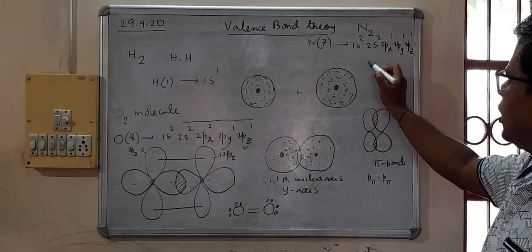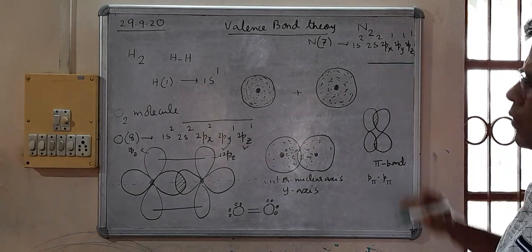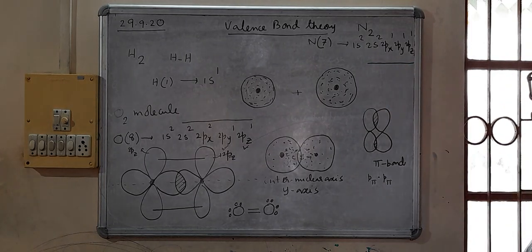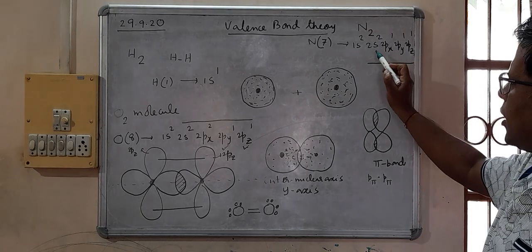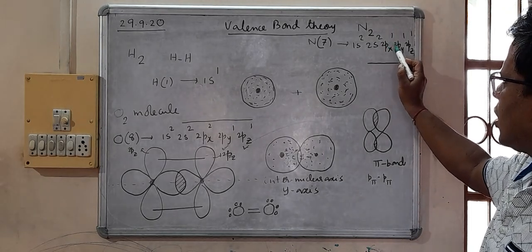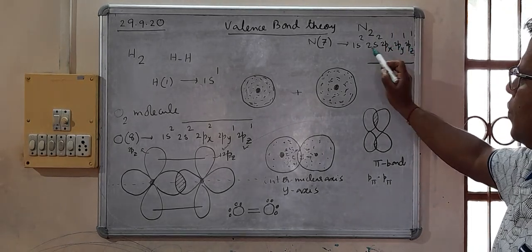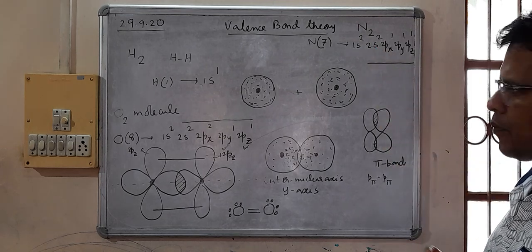So all these are orbitals of the outermost shell, but as you can see, the p orbitals are half filled. 2s is not half filled.